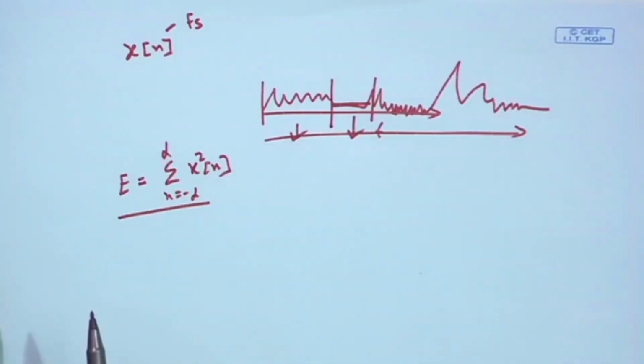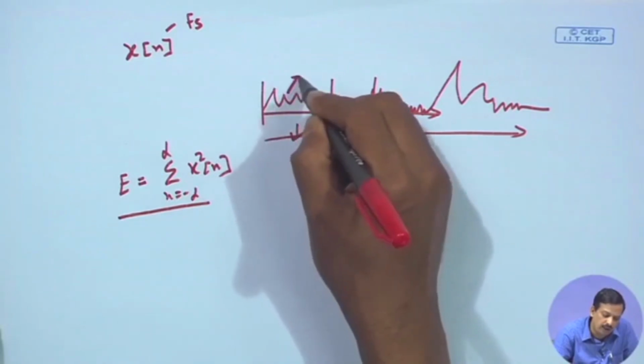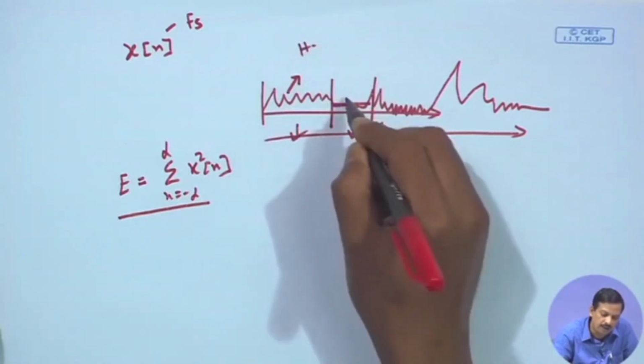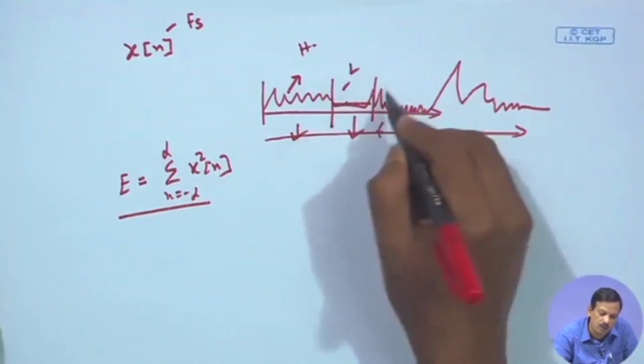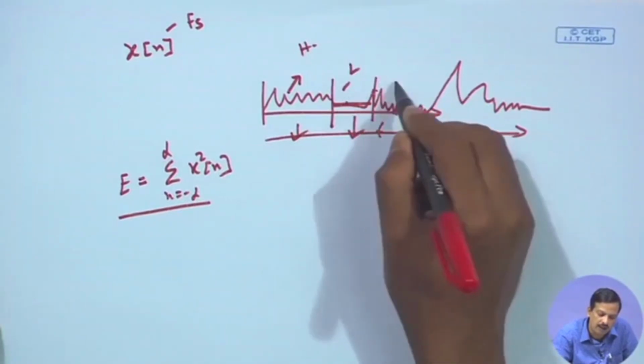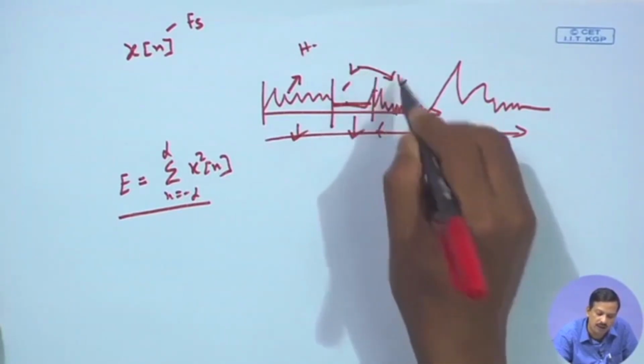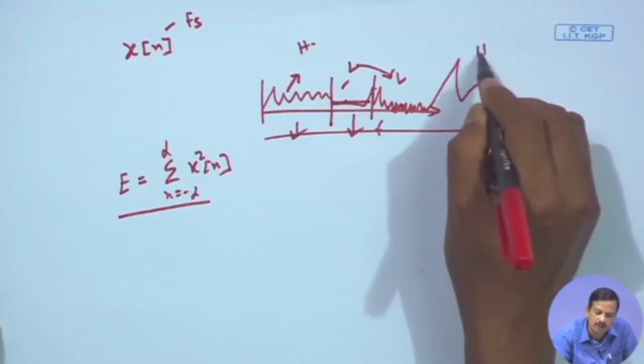Now, if I want to know that this portion is voiced, so the energy of this portion is high, this portion is unvoiced, energy is low, this portion is noise, energy is low compared to this, which is high, this portion is again voiced, it is high.